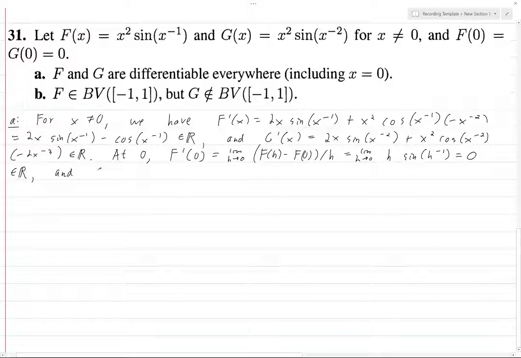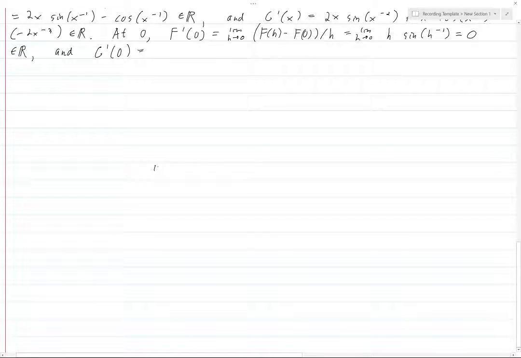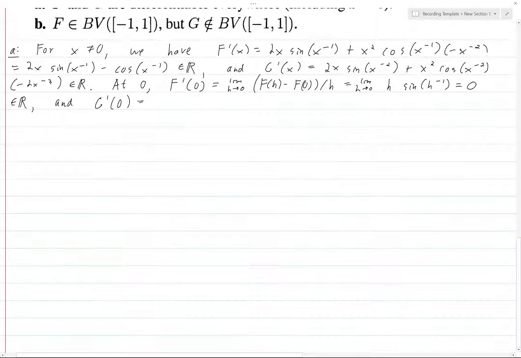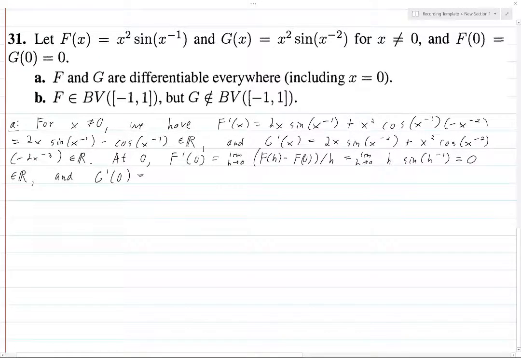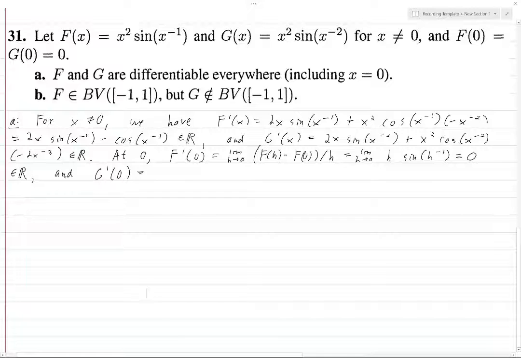And we do the same thing for g. G prime of 0. So this is equal to the limit as h goes to 0. We're going to do the same thing: g of h minus g of 0, divided by h.